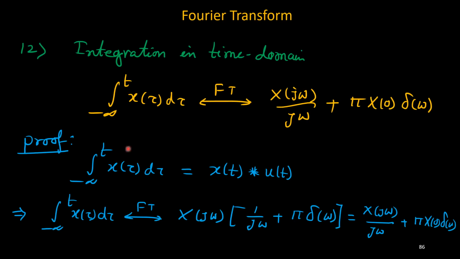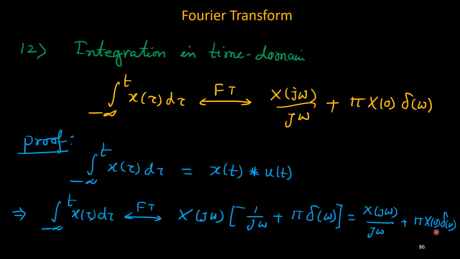So this integral I can replace by the convolution of x of t and u of t. Now I can take the Fourier transform on both sides. We can use the convolution property, so the transform is the product: X of j omega, and the Fourier transform of u of t, which we have already computed, 1 upon j omega plus pi delta omega. If I expand it, one term will be X of j omega upon j omega, and the second is X of j omega times pi delta omega. As this is the product of these two, it exists only at omega equal to 0, thus I can write X of 0 only.